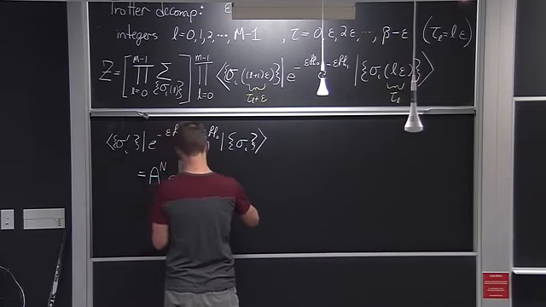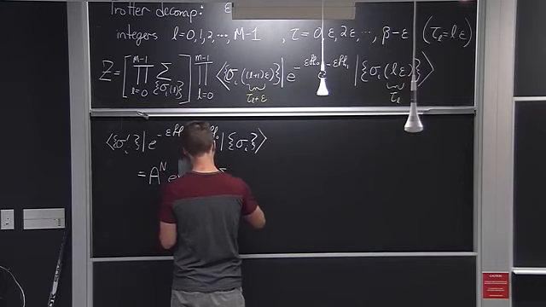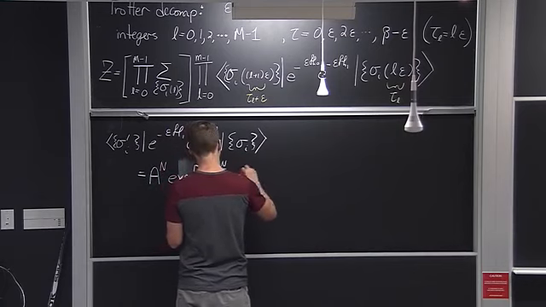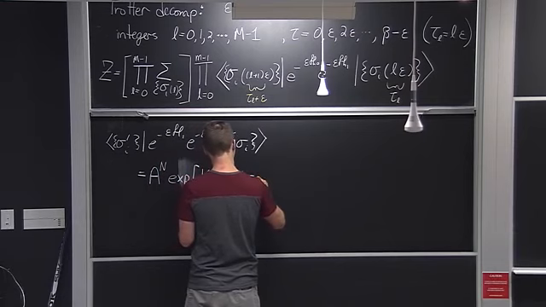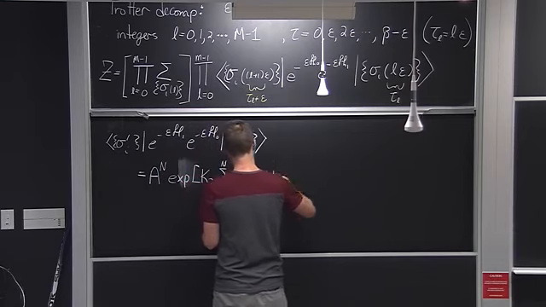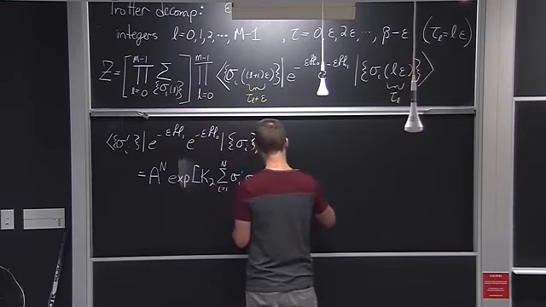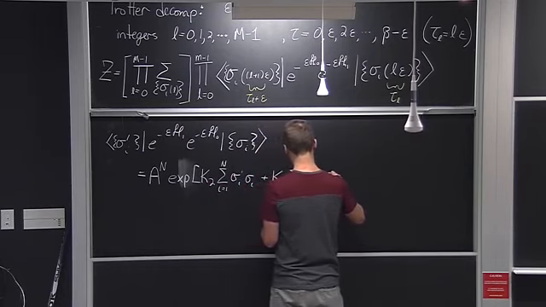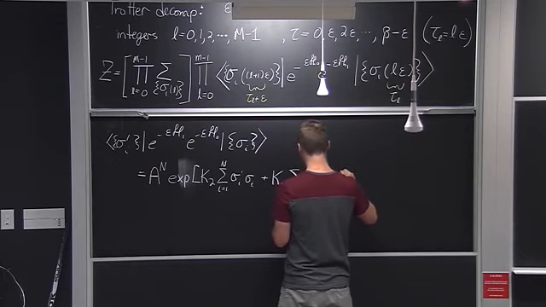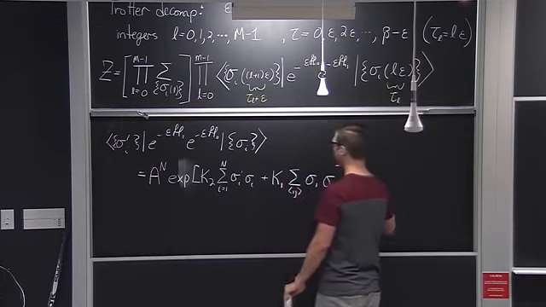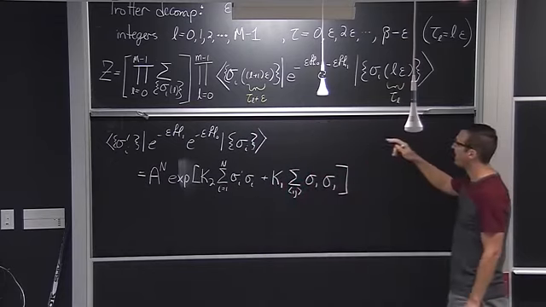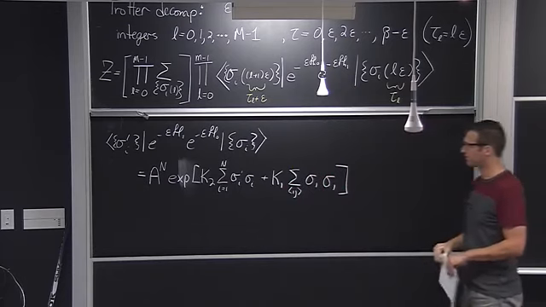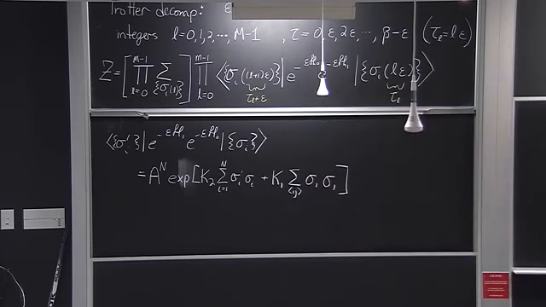And I introduced K2. The second part is the original H one, or interacting Ising part of the Hamiltonian.